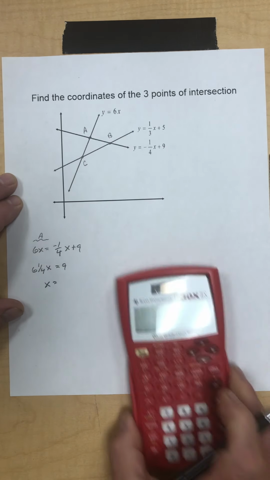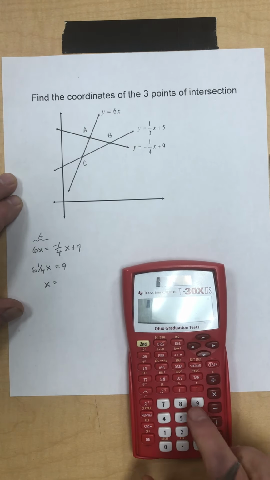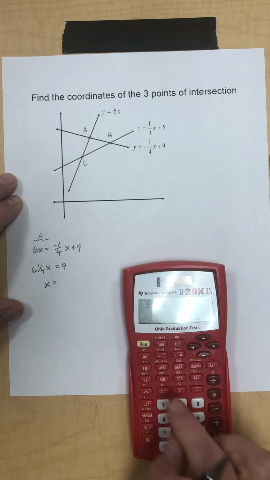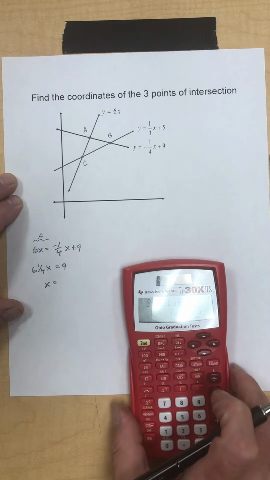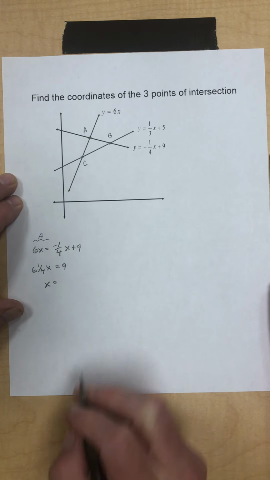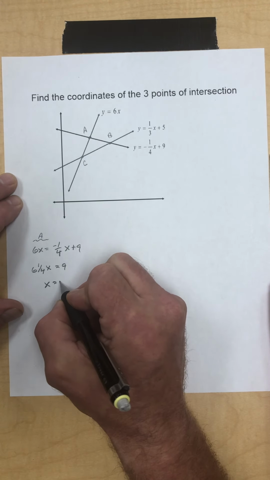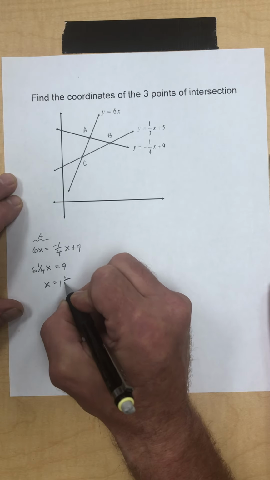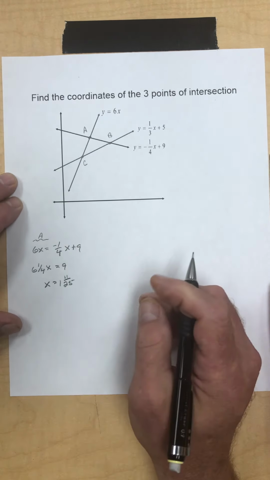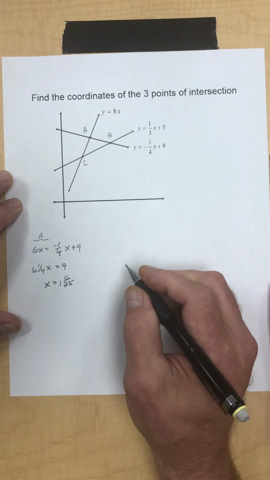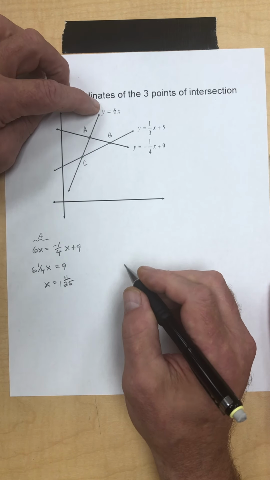So that's where you pick up that calculator, and we go 9 divided by 6 and 1/4, and I am getting 1 and 11/25. So that's going to be my x coordinate.